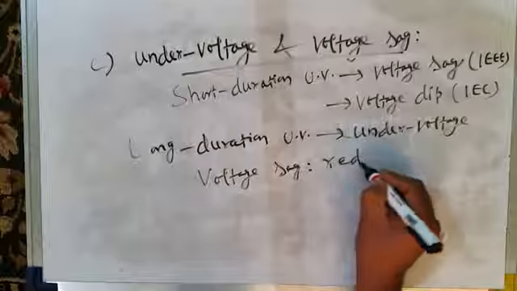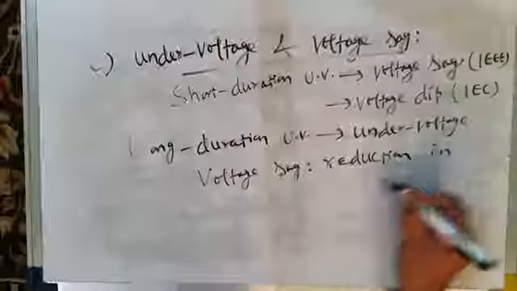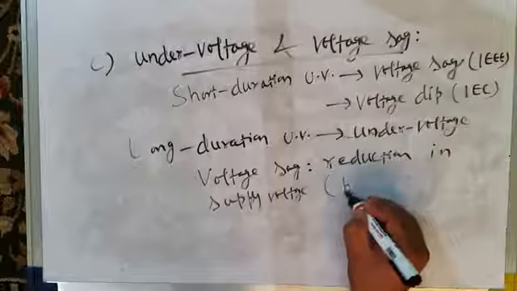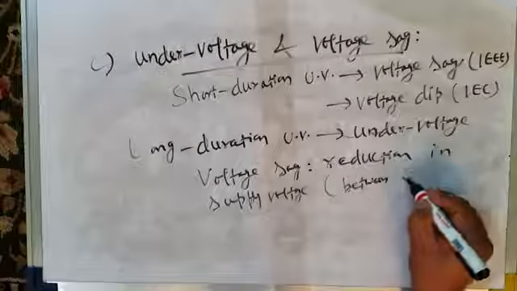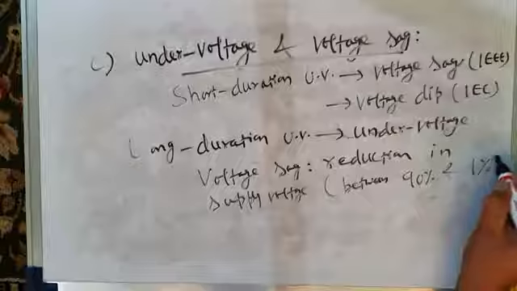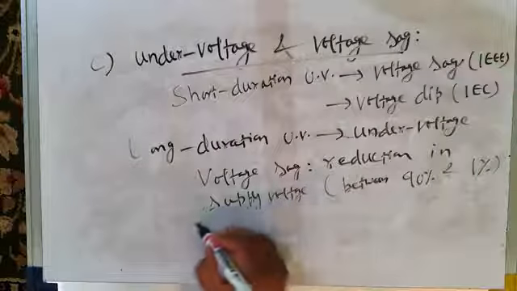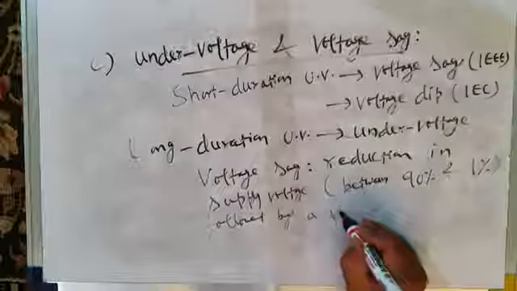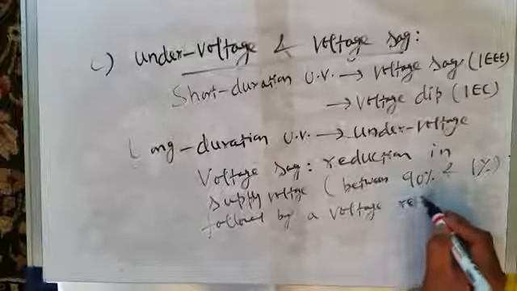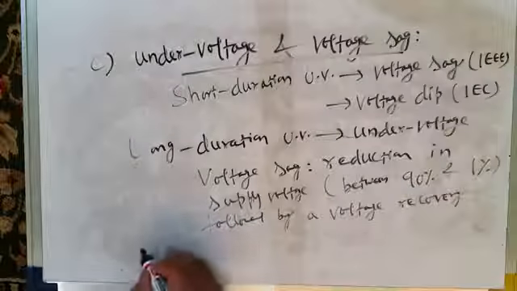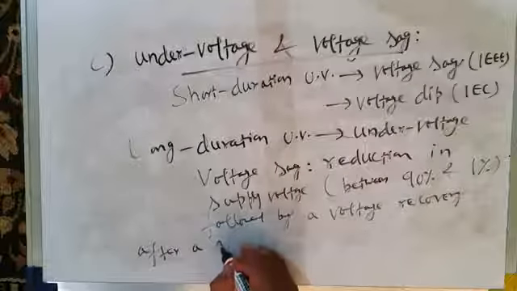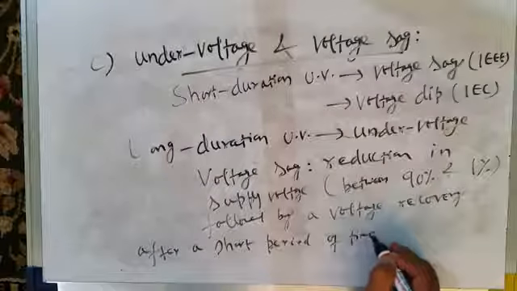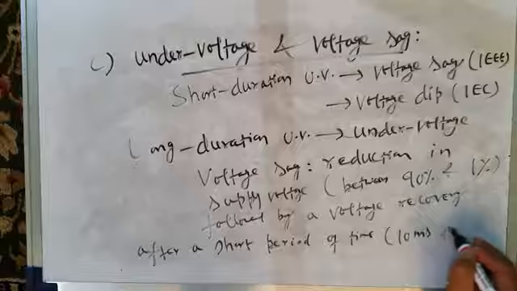It is a reduction in supply voltage between 90% and 1% of declared voltage, followed by a voltage recovery after a short period of time, and this short period of time means 10 milliseconds to 1 minute.